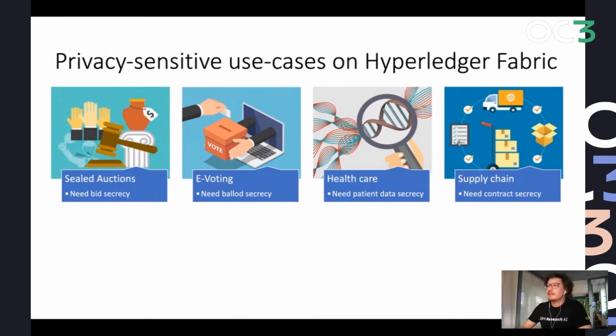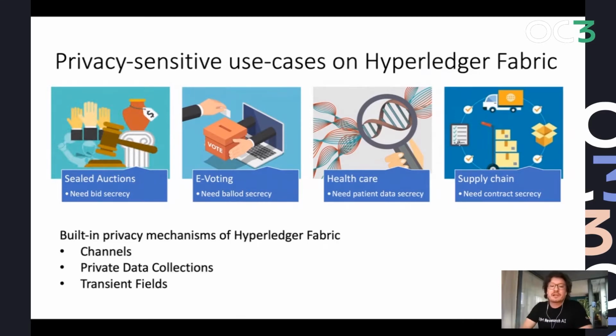We have seen in the previous presentation by Andreas that there's definitely some need for confidentiality when we talk about patients' data. But also in supply chain use cases, there are situations where we do not necessarily reveal all the information of a deal we made with a business partner, right?